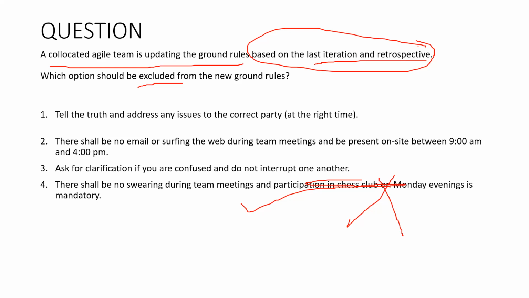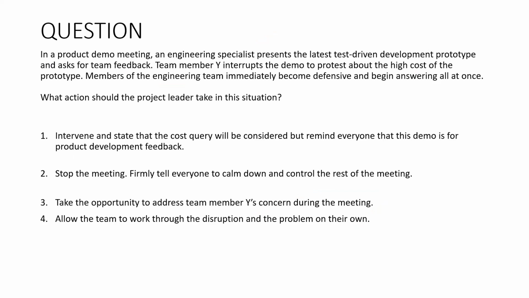Okay, so let me clear the screen and let me show you the screen. So now we have another question. In a product demo meeting, an engineering specialist presents the latest test driven developments and asks for team feedback. Team member Y interrupts the demo to protest about the high cost of the prototype.